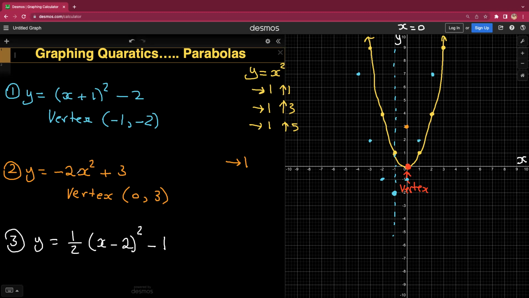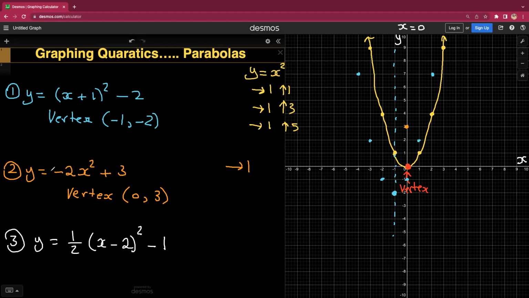So negative indicating it's down. So to be able to graph this, we still go out 1, but now this is -2. The a value is -2.